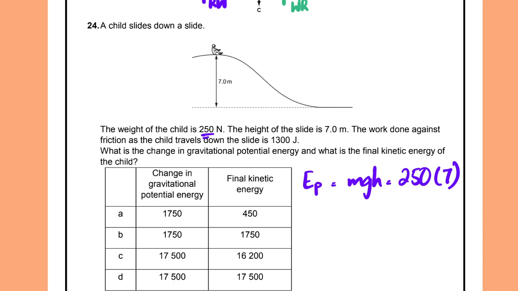So 1750 is going to be my change in GPE, so either A or B. But because there is going to be friction, there is going to be work done against friction, so this is going to be 1750, and the work done against friction is going to take away energy from our system. So whatever remains here, which is really going to be 450, is the final kinetic energy left, right? The work done against friction takes away energy from a system.